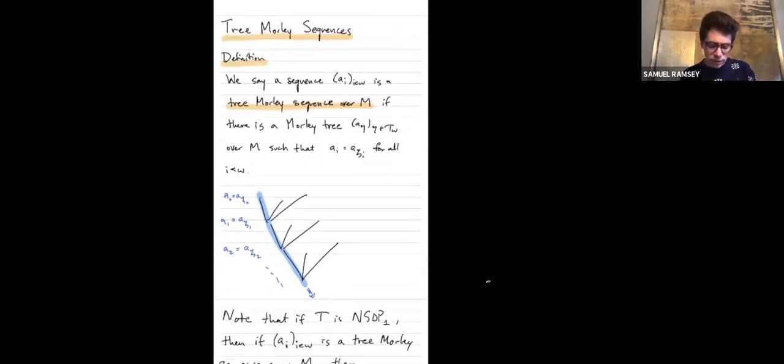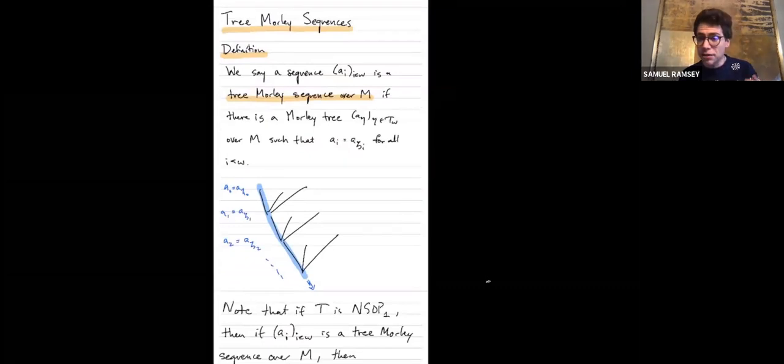So a tree Morley sequence is a path in a Morley tree. And that's it. So a sequence A_i, i less than omega, is a tree Morley sequence over M, sometimes we call these TMSs for simplicity, if there's some Morley tree over M for which that sequence is the all zeros path.